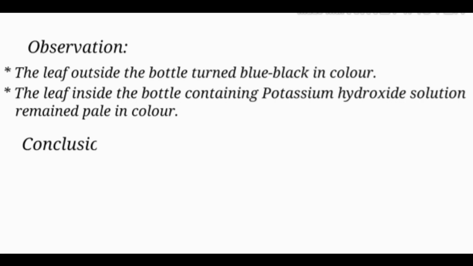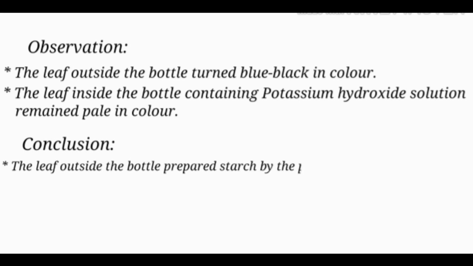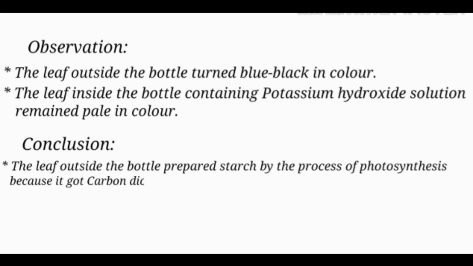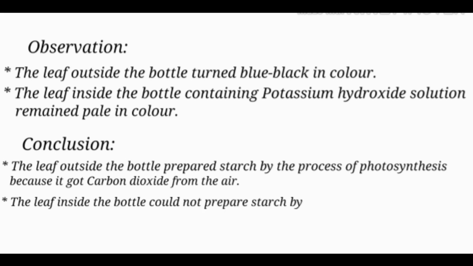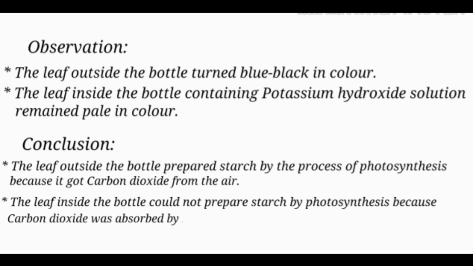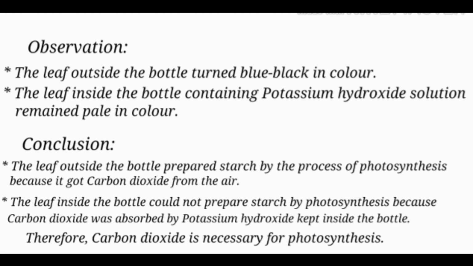Conclusion: the leaf outside the bottle prepared starch by the process of photosynthesis because it got carbon dioxide from the air. The leaf inside the bottle could not prepare starch by photosynthesis because carbon dioxide was absorbed by potassium hydroxide kept inside the bottle. Therefore, carbon dioxide is necessary for photosynthesis.